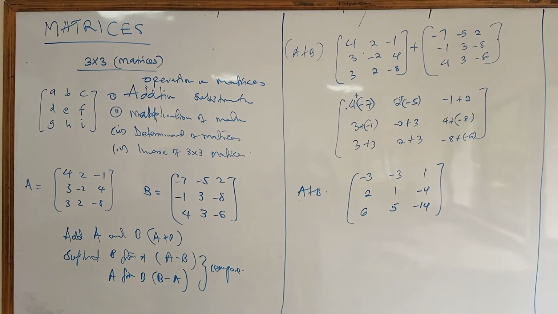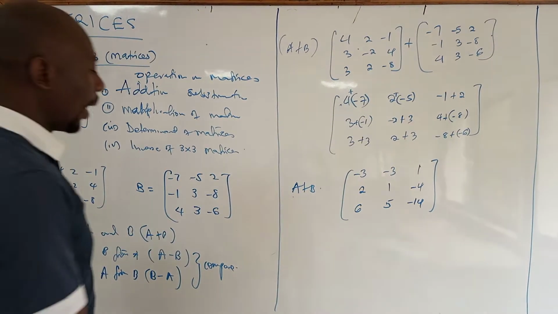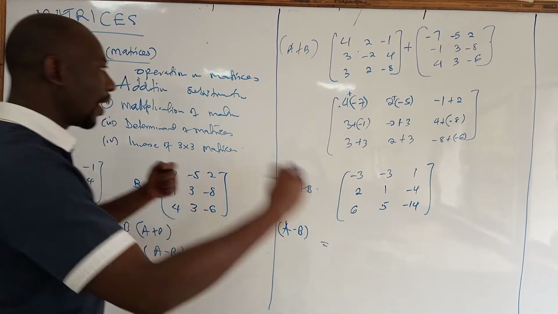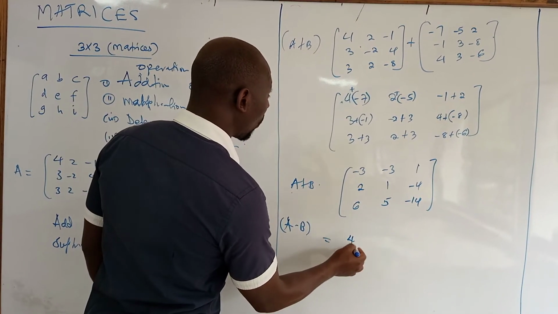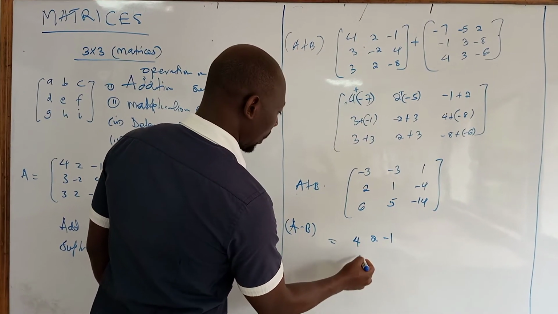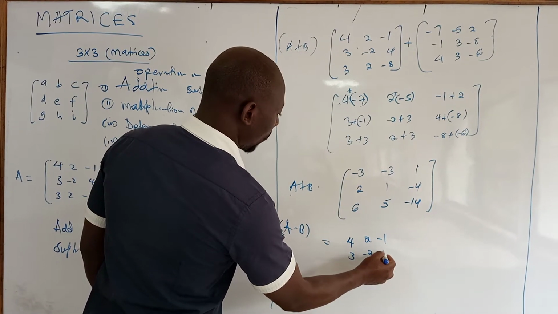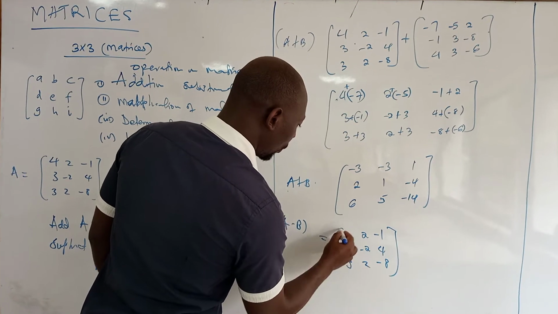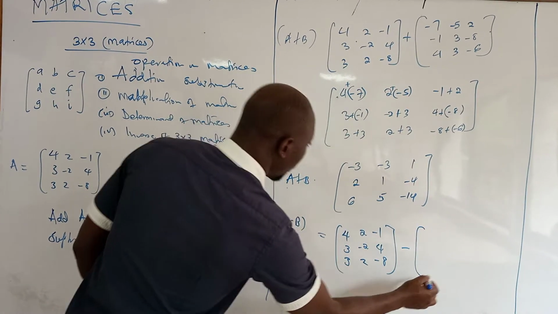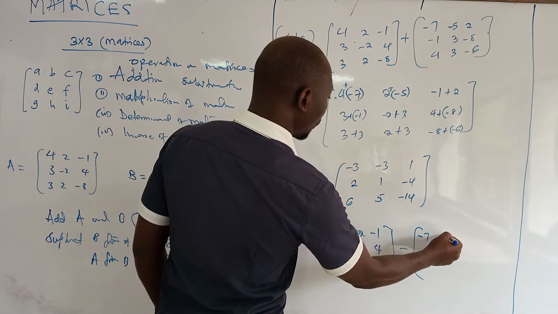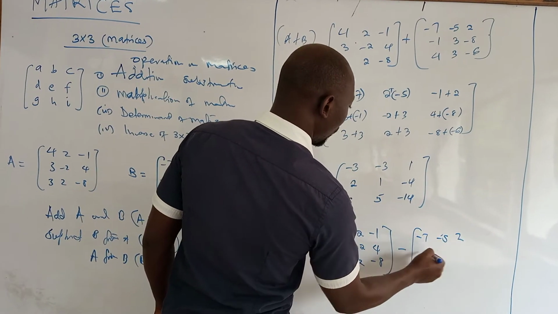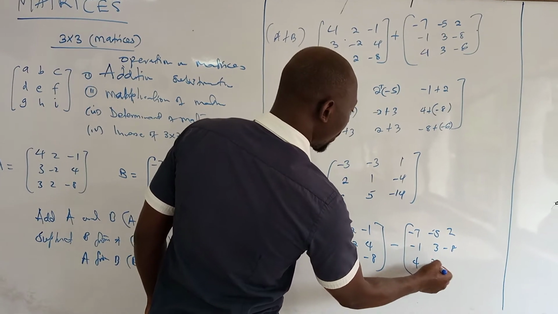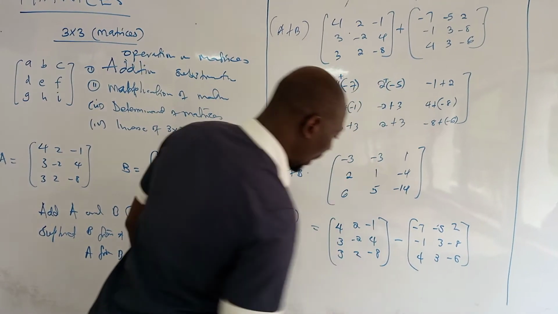So what about A minus B? A minus B will actually be the converse of what we've just done. So that one shall be 4, 2, negative 1, 3, negative 2, 4, 3, 2, negative 8. Then you minus B, which is negative 7, negative 5, 2, negative 1, 3, negative 8, 4, 3, negative 6. So you do the subtraction.